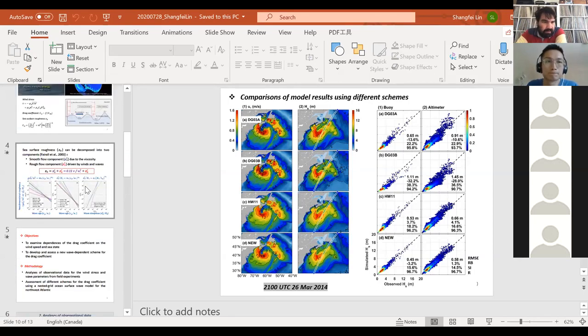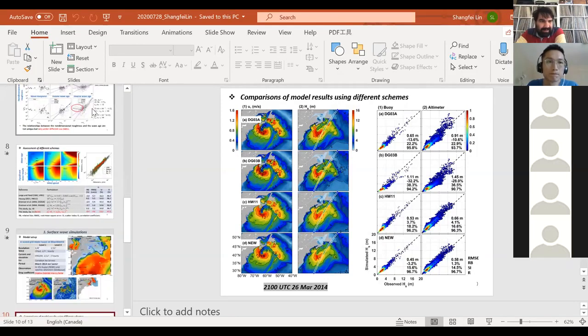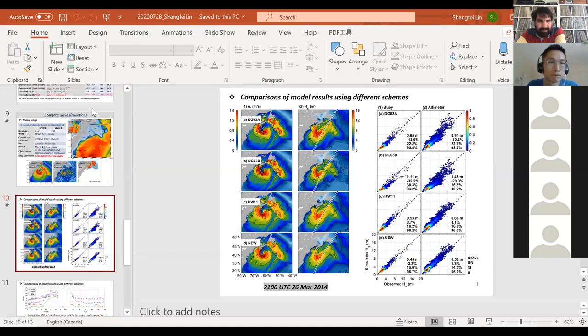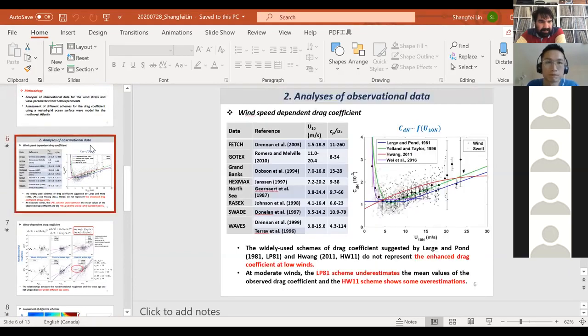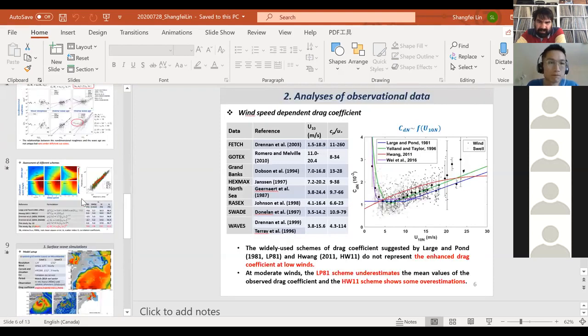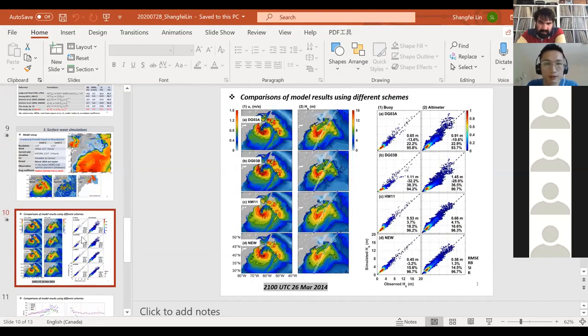Will? Hi. On slide number 10, it's interesting, the comparison between the altimeter data and the wave data. Don't you think the altimeter data looks a little smooth? I was just wondering, are there any biases in the altimeter data?